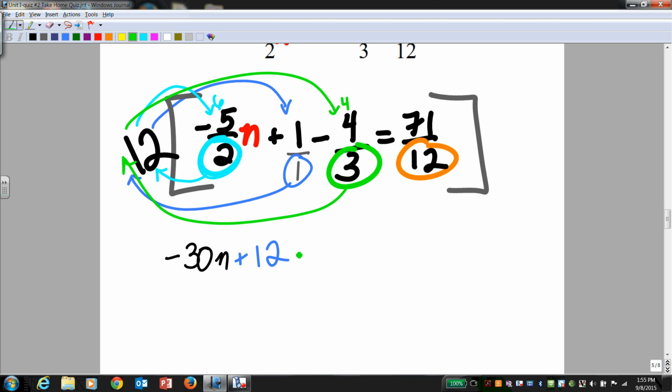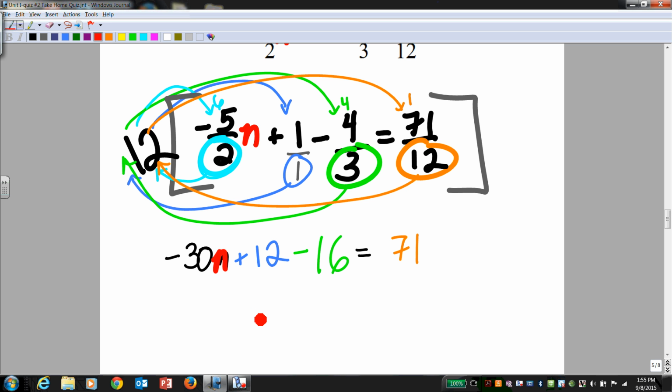That's going to be minus 4 times 4, that's 16. Equals, arrow in, arrow out. That's 1. 12 goes into 12 one time. Okay, I think you can take it from there. Your goal is to solve for n now. Solve for n.